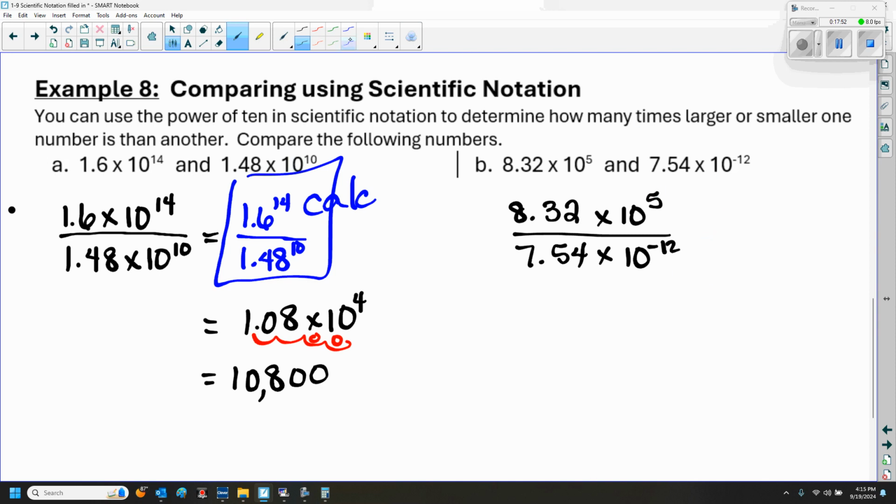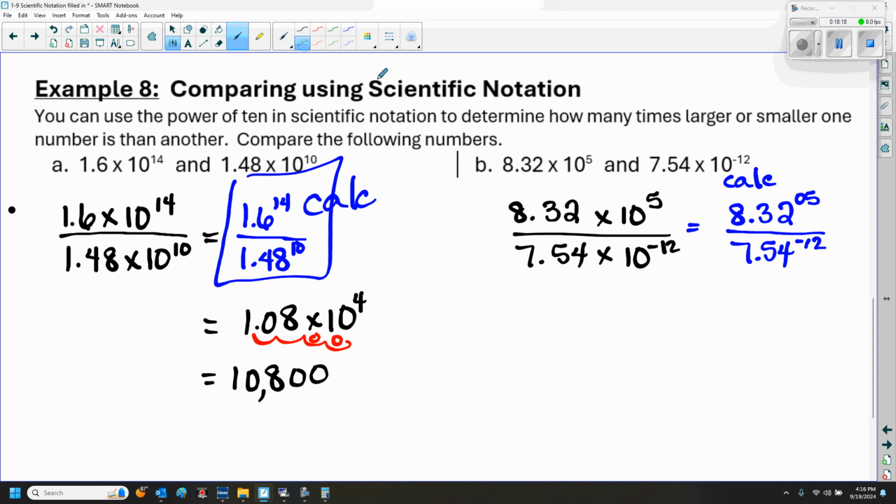Now in the calculator, it's going to say 8.32 times 10 to the, it's going to say 5 up there, divided by 7.54 times 10 to the, it's going to say negative 12 up there. That's what it looks like in the calculator.